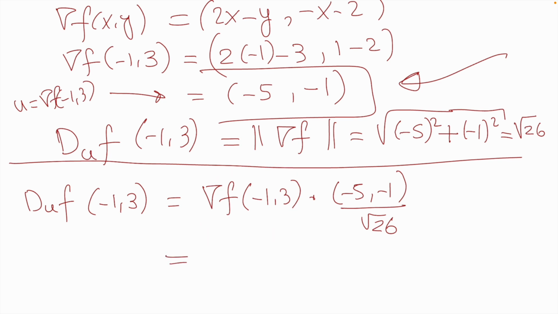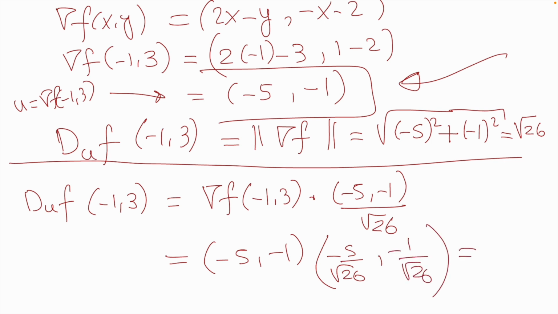And so we do the dot product of these two. This vector is the vector that we calculated before, (-5, -1), times this vector normalized, (-5 over square root of 26, -1 over square root of 26). We do the operation here. Minus times minus is plus, 25 plus 1 is 26, divided by the square root of 26.